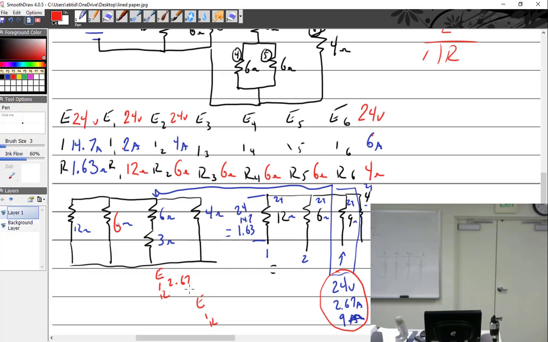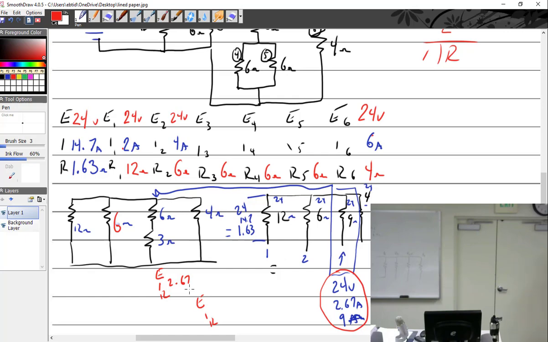Now I can figure out all the current flow, right? Current flow here, 2 amps. Current flow, 4 amps. Current flow, 2.67. Yeah, 2.67. Current flow here, 6. Okay.